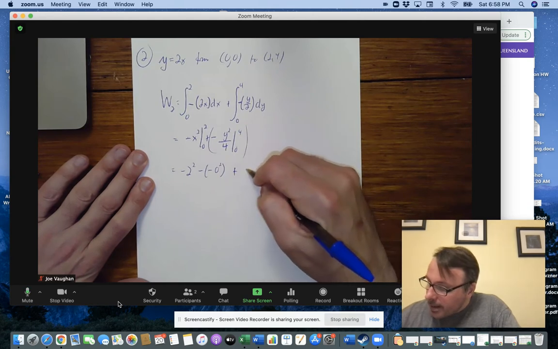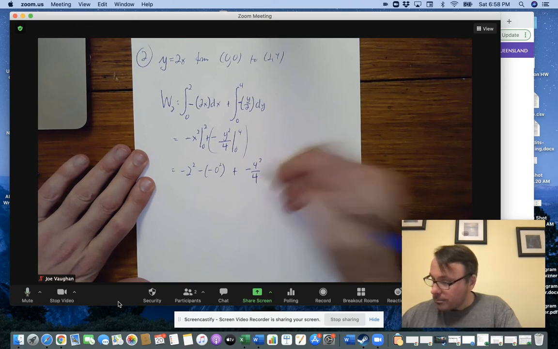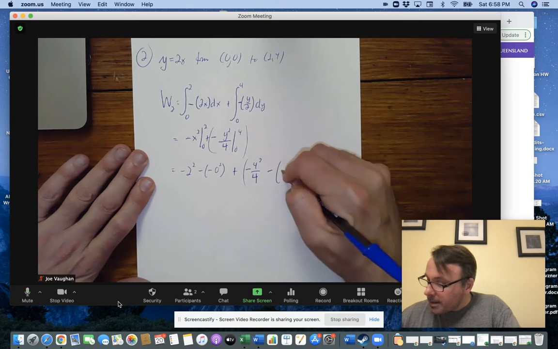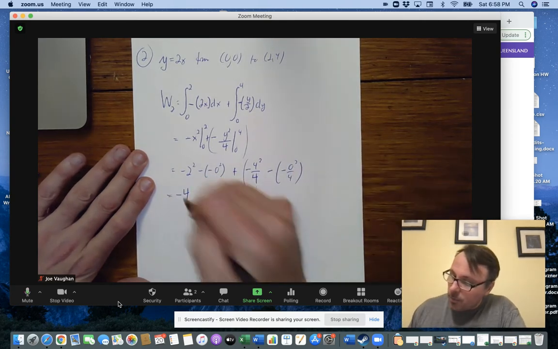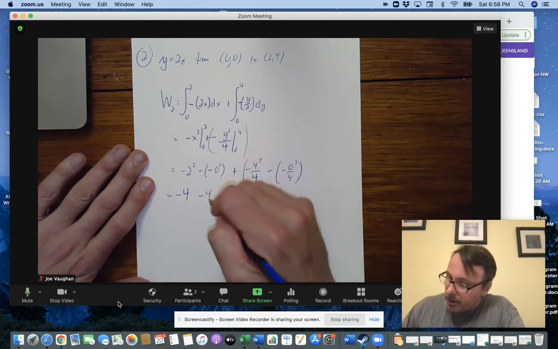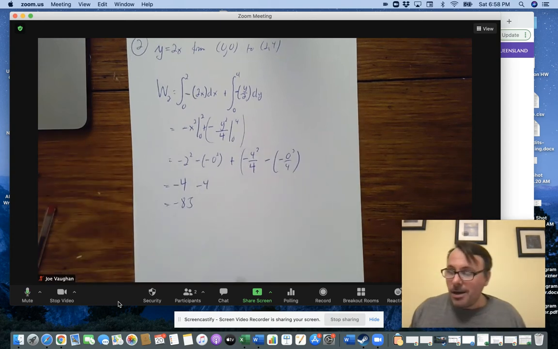So I've got then negative 4 squared over 4, minus 0 squared over 4. Okay, so what do I have here? I have minus 4, and then that is also minus 4, or minus 8 joules. Oh, that's good, because that's what I got for path 1 holistically.